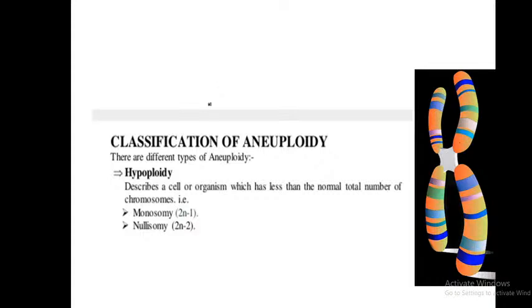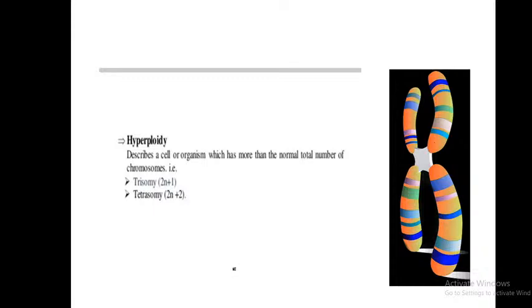Hypoploidy is of two types, monosomy, that is 2n minus 1, and nullisomy, 2n minus 2. Hyperploidy is of two types, that is trisomy and tetrasomy.